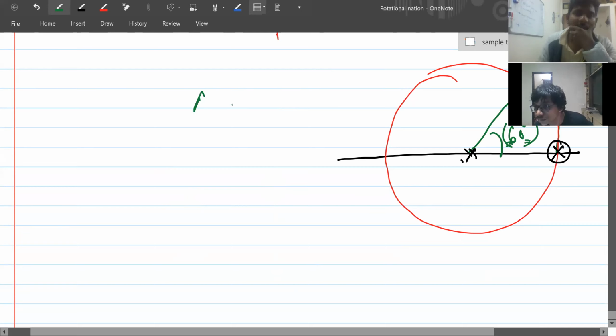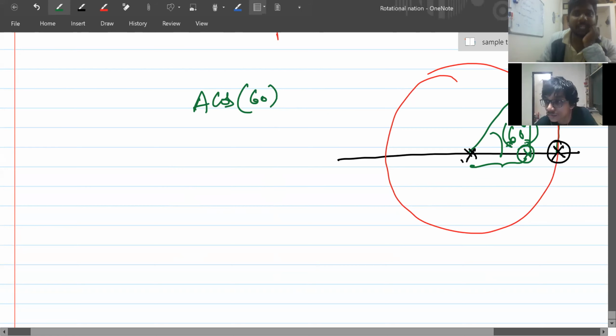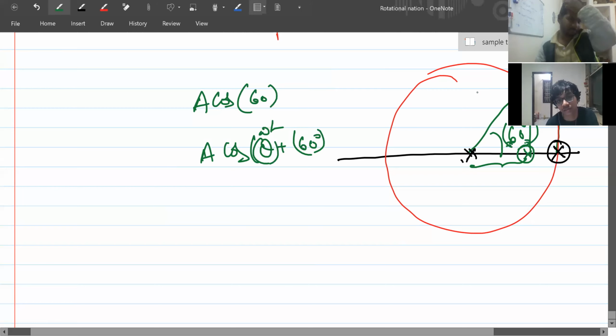A cos of 60 degrees will be this position, right? How will you write it if the particle is starting from here now? You will write it as A cos of theta, that is plus 60 degrees, right? Theta is omega t. From here onwards it is starting. This I explained. 60 is the initial phase.